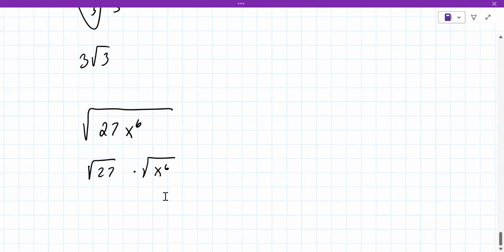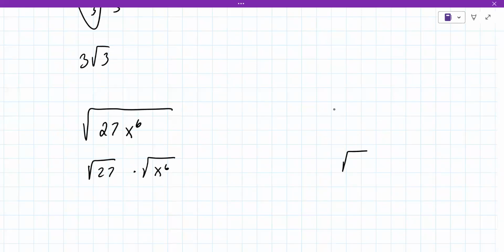How do you do the part on the right? Divide.